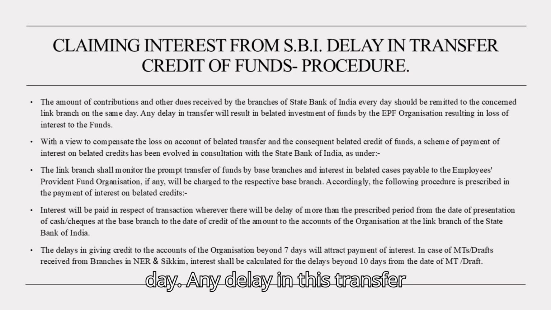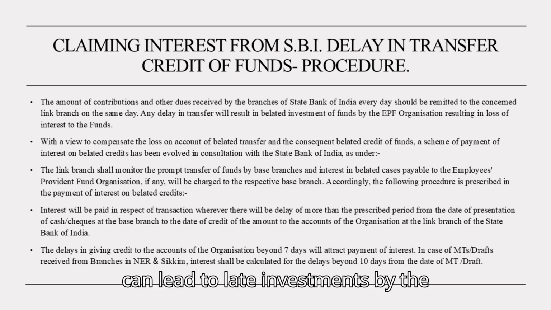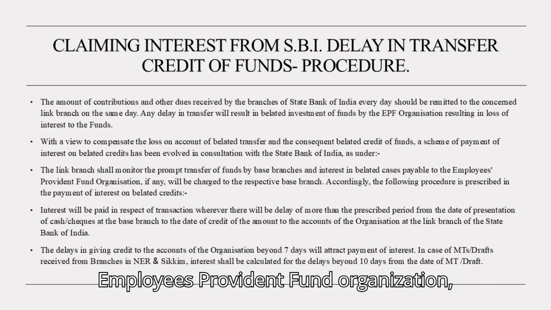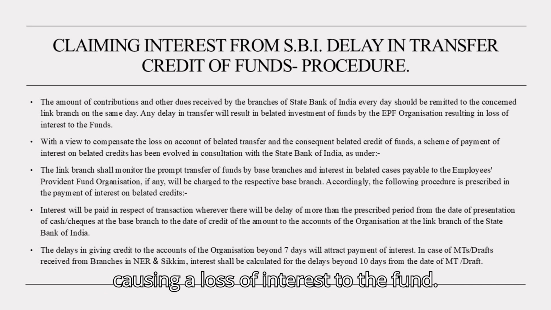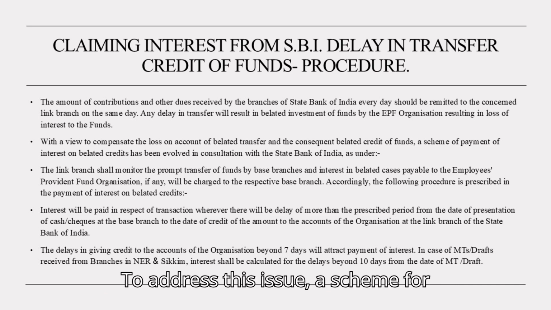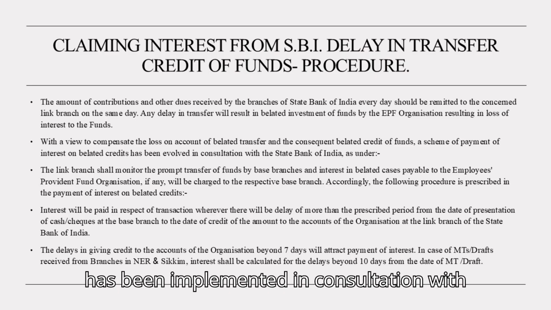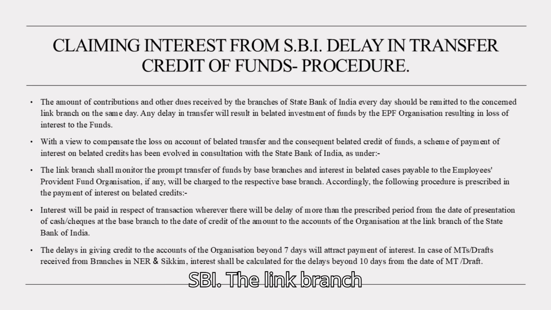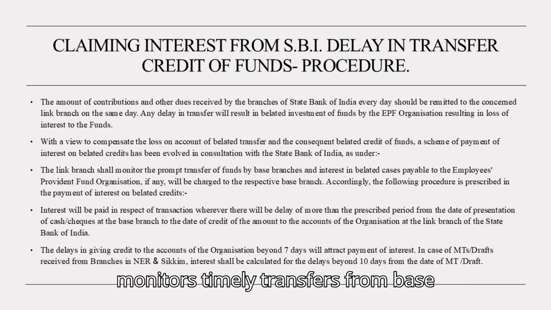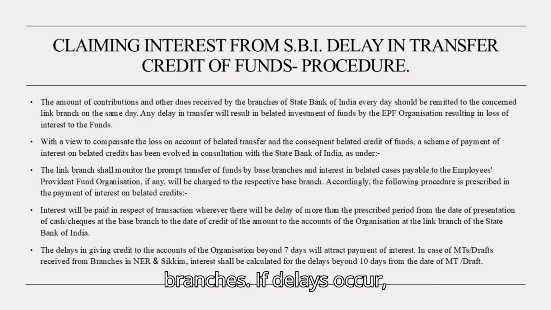Any delay in this transfer can lead to late investments by the Employees Provident Fund Organisation, causing a loss of interest to the fund. To address this issue, a scheme for payment of interest on belated credits has been implemented in consultation with SBI. The link branch monitors timely transfers from base branches.